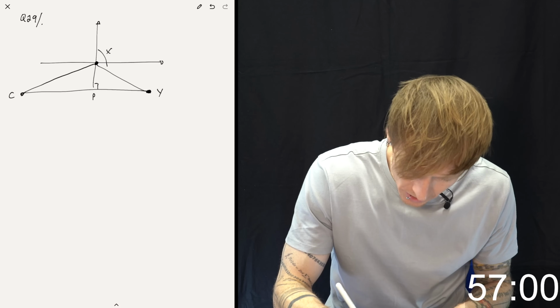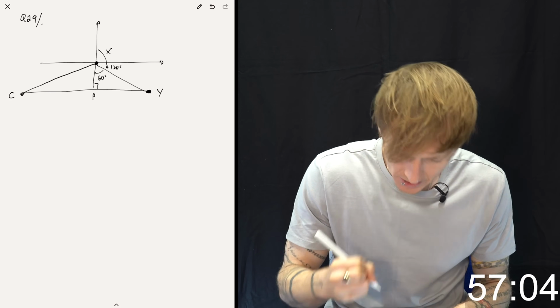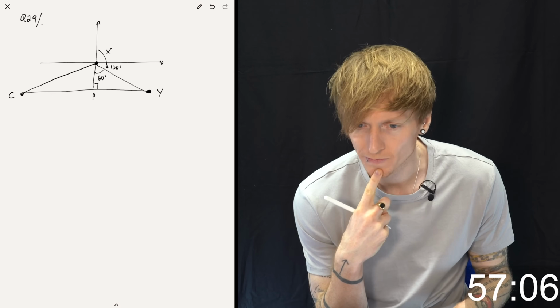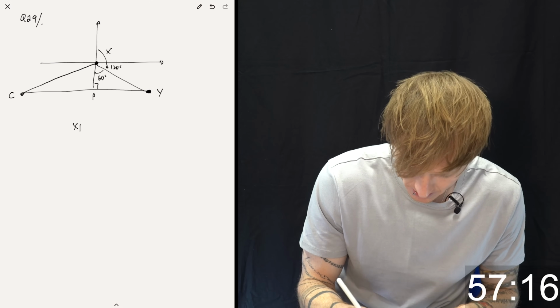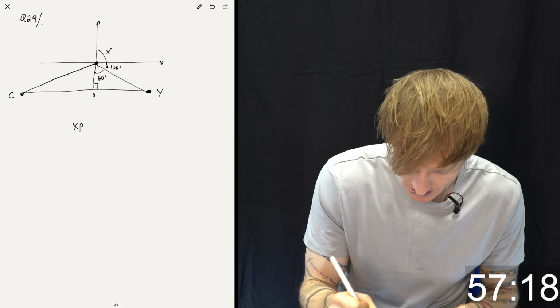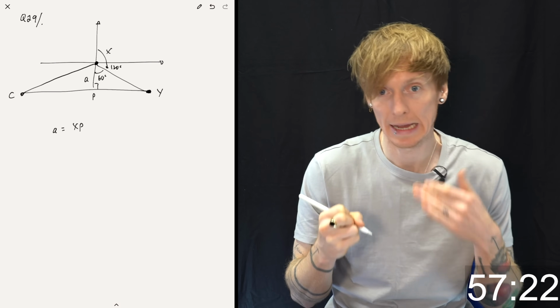Great. That's 120 degrees, which means that one there is 60 degrees. So what can we work out? Find the distance from X to P. That's just trig. So I want to know XP. XP is the adjacent.